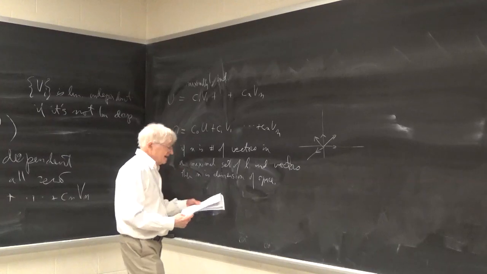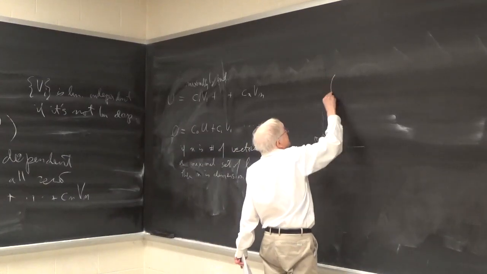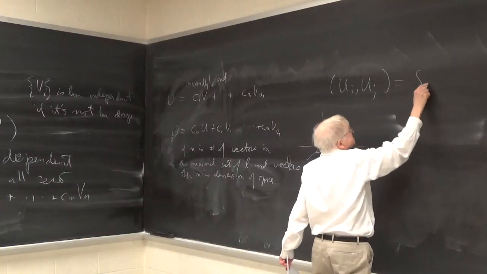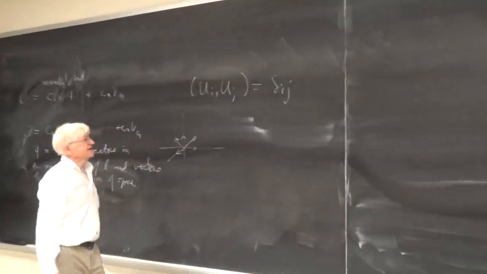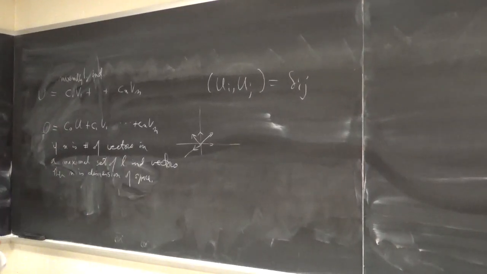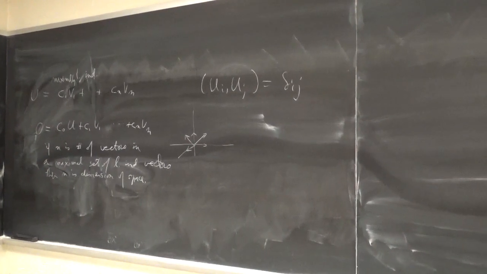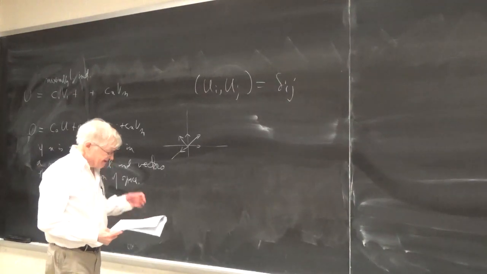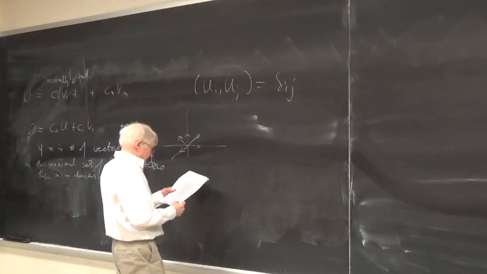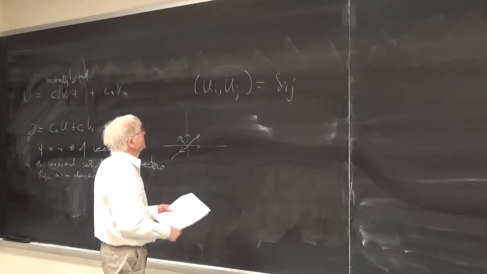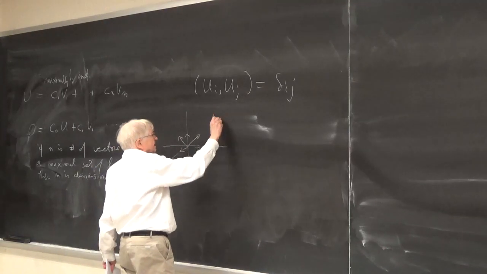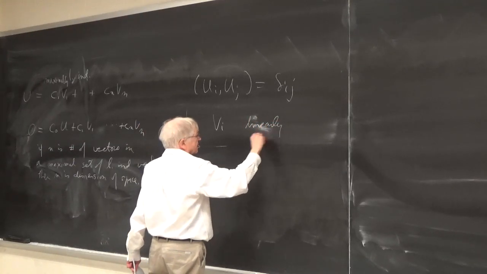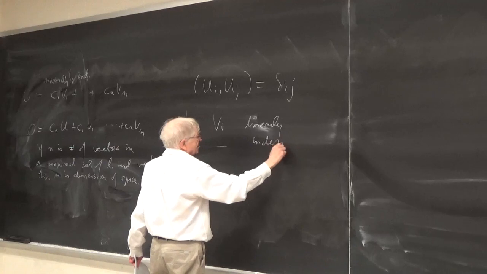Now, orthonormal vectors. The idea is that orthonormal vectors are vectors whose inner product is 1 if the vector is the same and 0 otherwise. One might start with some vectors v_i that are linearly independent but not orthonormal.